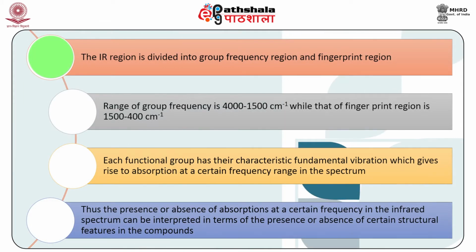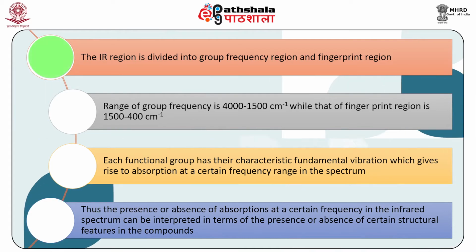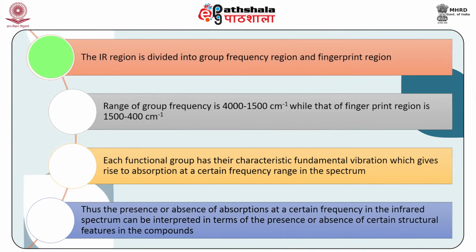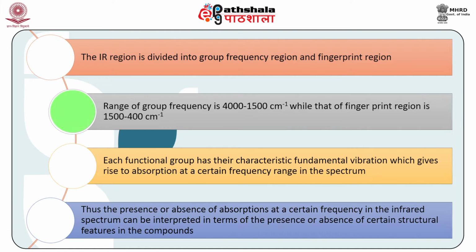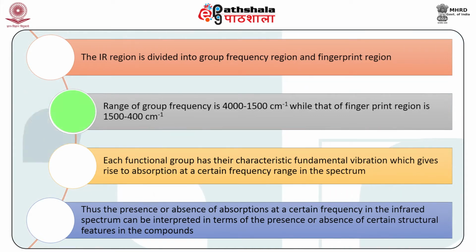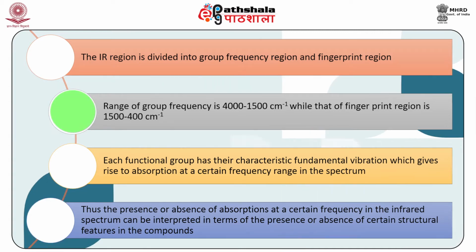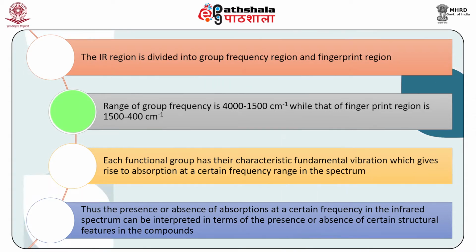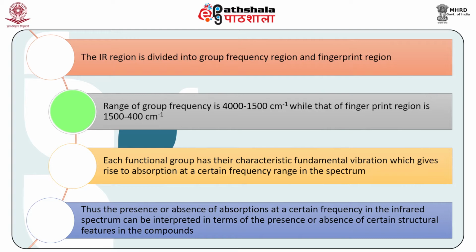The IR region is divided into the group frequency region and the fingerprint region. The range of group frequency is 4000 to 1500 centimeter inverse, while that of the fingerprint region is 1500 to 400 centimeter inverse.